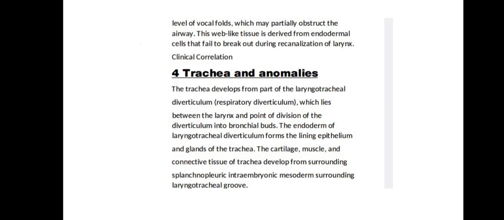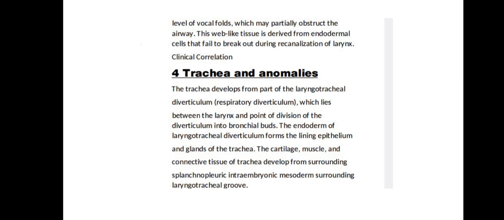Now we flip the coin to the fourth learning objective, that is the embryology of the trachea. Embryology of the trachea is a little bit brief as compared with the embryology of the larynx, and it is direct to the point. So the trachea developed from the part of the laryngotracheal diverticulum lying between the larynx and the point of division of the diverticulum into the bronchial buds.